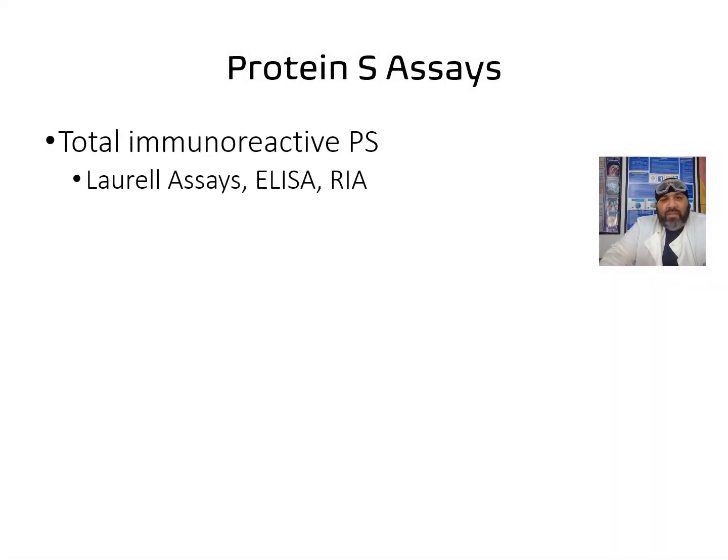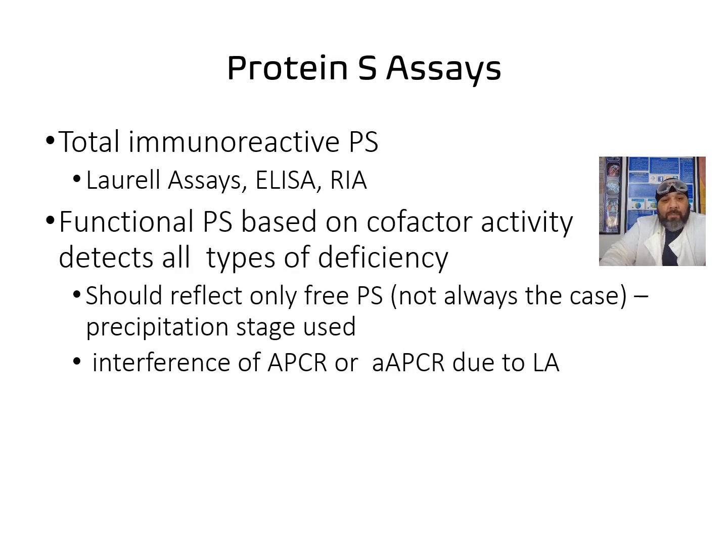In relation to protein S assays, there's total immunoreactive protein S. One of the assays historically used is the Laurell assay, and then there are enzyme linked immunoassays, and radioimmunoassays that have also been used.